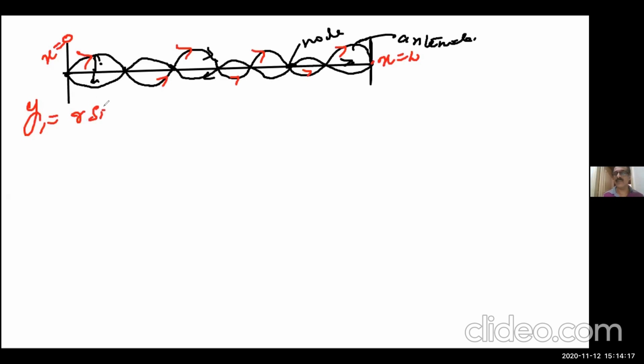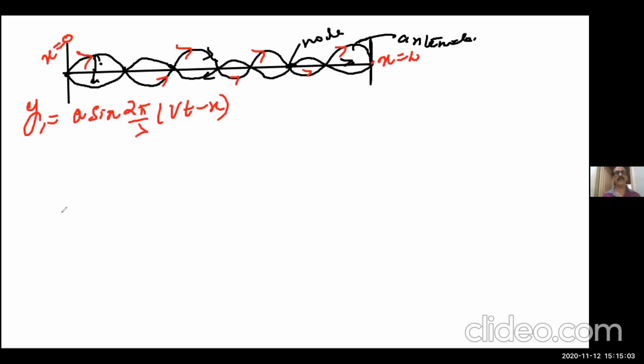Usually you use a sine, but you can use small letter a, no problem. Otherwise you'll get confused. A sine 2 pi by lambda (Vt minus x), where A is the amplitude of the wave. That means the maximum vibration of the wave is A. Lambda is wavelength. V is velocity.